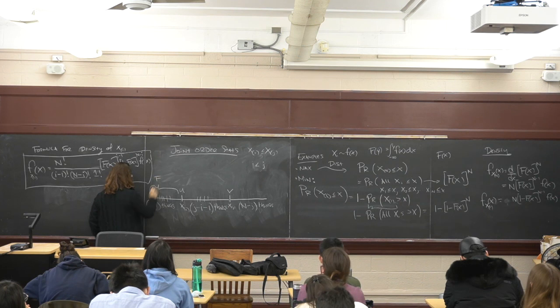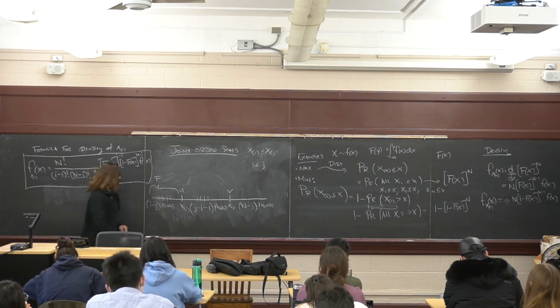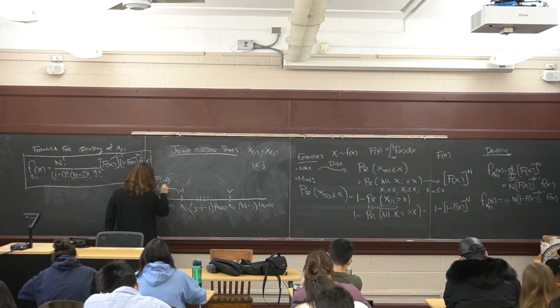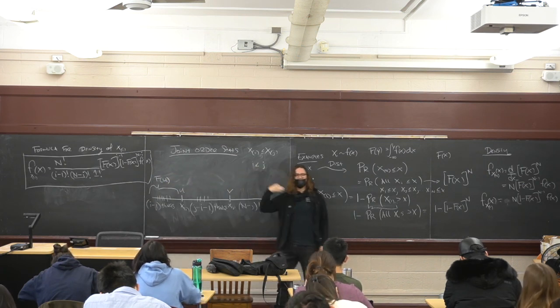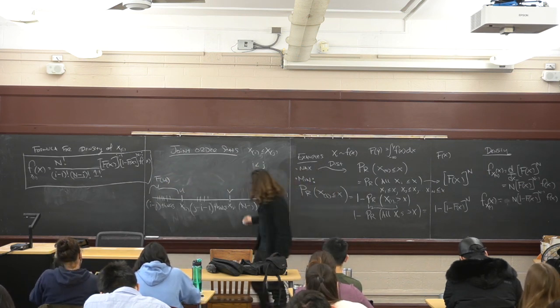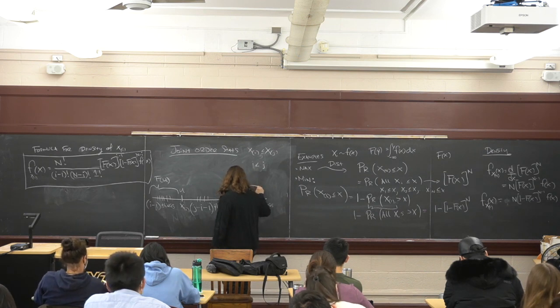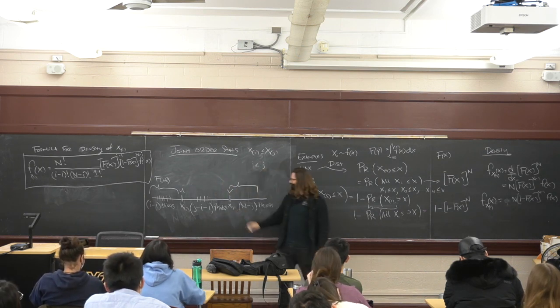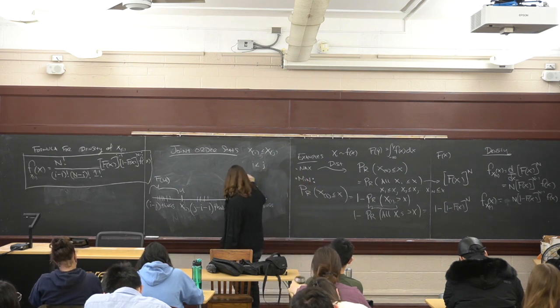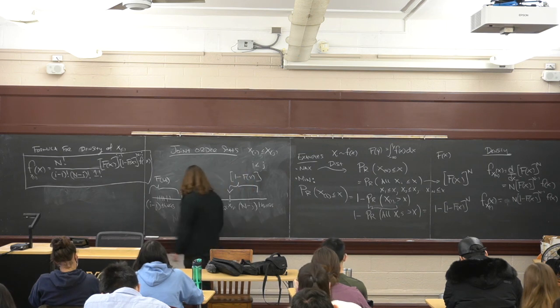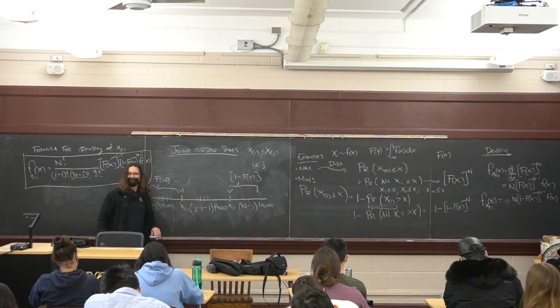So this is F of u. I'm a seasoned pro. F of u. What's this one? 1 minus F of v. Those are those probabilities. What's the probability in here?